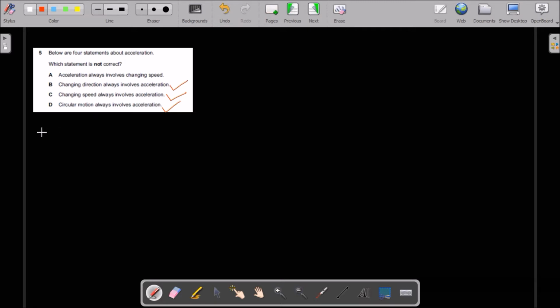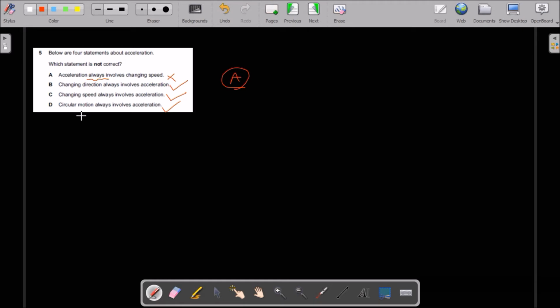It is right, because changing direction in circular motion causes centripetal acceleration, which B is right. Acceleration always involves changing speed. No, because it is said always. We know that according to part B, changing direction always involves acceleration. That's why A will be wrong.